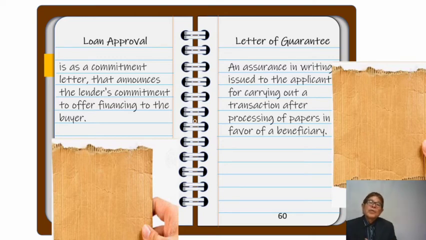So you have to emphasize that there's going to be a letter of guarantee from the bank that will ensure that the seller will be paid even though he signs the deed of absolute sale.